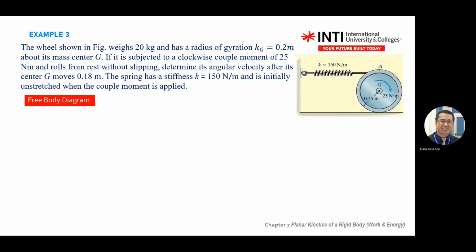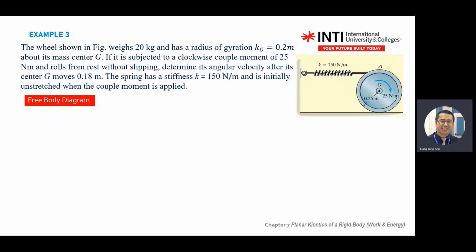So k is given already, so there is one particular formula you need to use in the solution. Right, subject to a clockwise coupled moment, rolls from rest without slipping. So it purposely uses the words without slipping. Determine its angular velocity after the center of gravity moves 0.8 meter. Center of gravity moves 0.8 meter to the right. Why not to the left?